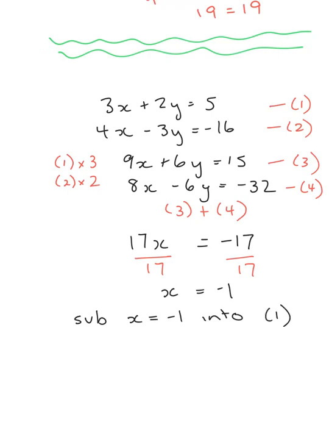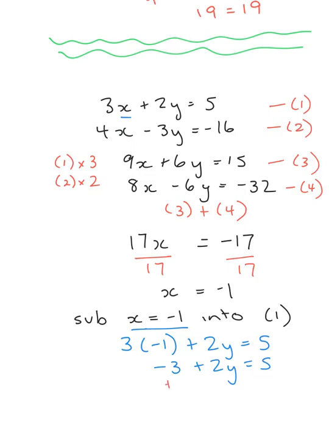Substituting into equation 1 gives 3, x we know is negative 1, so 3 times negative 1 plus 2y equals 5. Negative 3 plus 2y equals 5.